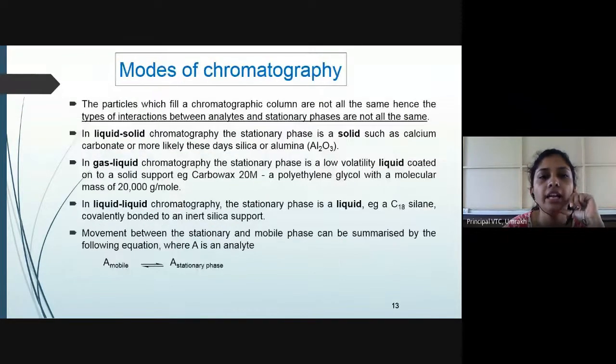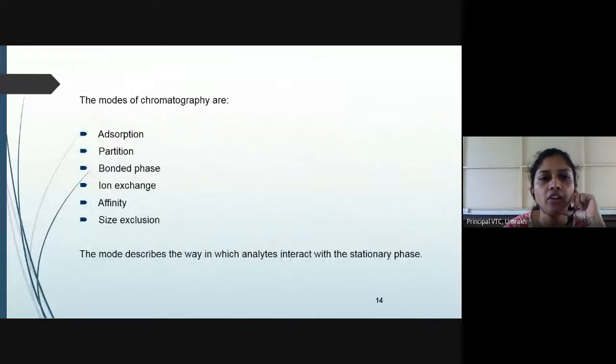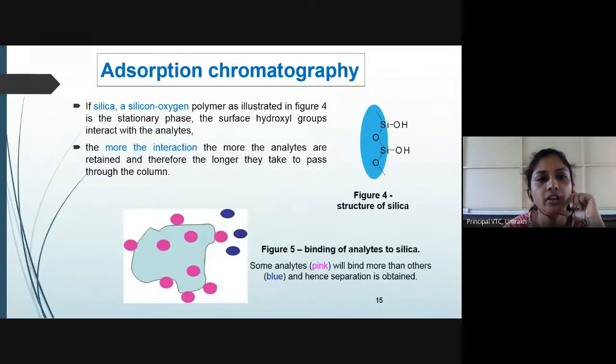Then we went through different modes of chromatography: adsorption, partition, bonded phase, and ion exchange chromatography. In adsorption chromatography, the stationary phase is a finely divided solid with high surface area, and analytes interact with the stationary phase through the adsorption phenomenon.